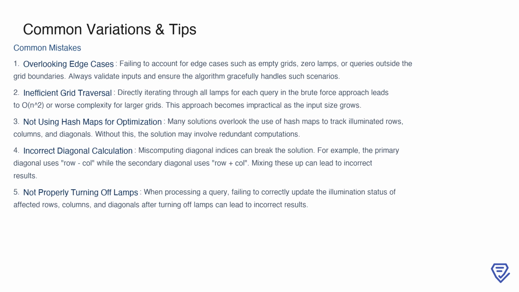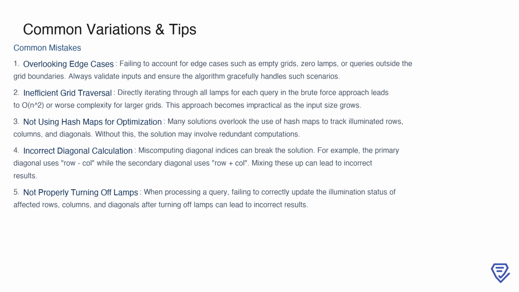This brute force approach can lead to a time complexity of O(N squared) or worse, which becomes impractical for larger grids. A more efficient approach involves using hash maps to track illuminated rows, columns, and diagonals. Without this, you risk performing redundant calculations that slow down your solution.